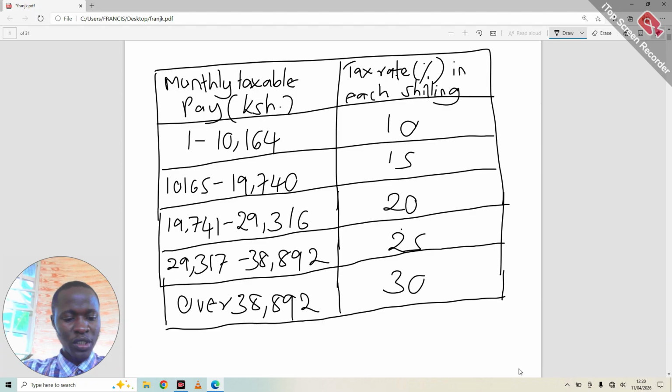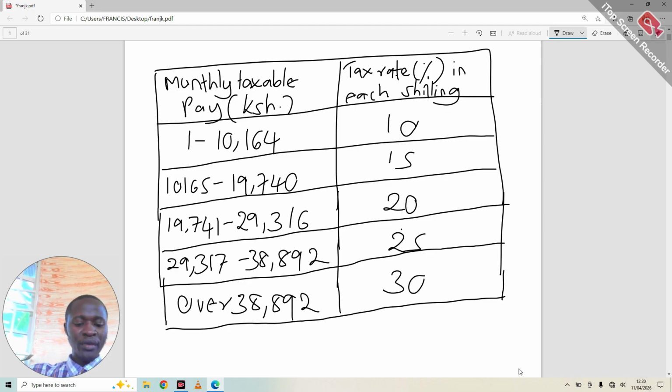Now let me repeat the question. The table below shows income tax rates that were used in 2011. In that year, Kantai's monthly taxable earnings amounted to 33,000. Calculate the amount of gross tax. That is part A of the question.